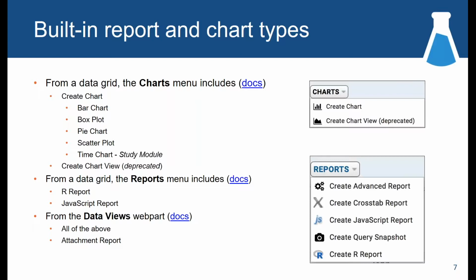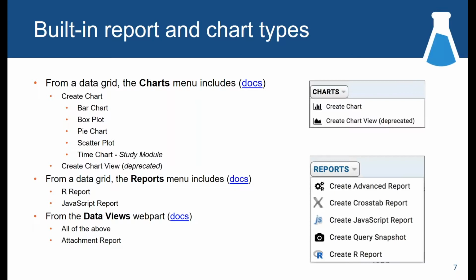Next to that charts menu item and for data grids is the reports menu item. This is where you'll find the create R report and JavaScript report options. These are the more developer-oriented report types that allow for greater customization and flexibility, but it would involve writing your own code or using the language-specific packages for those two options.